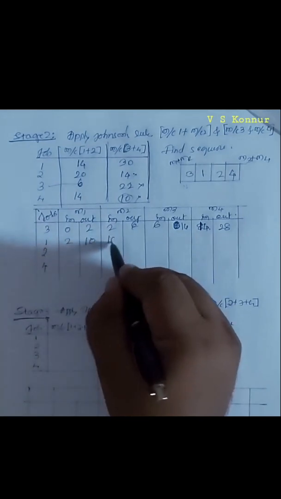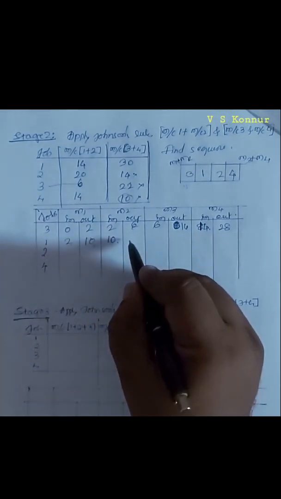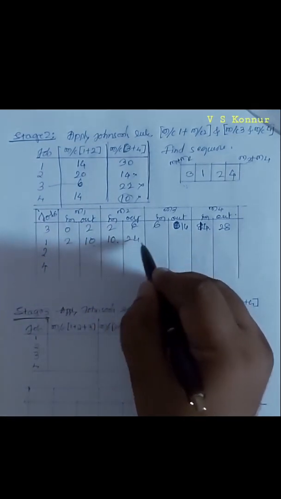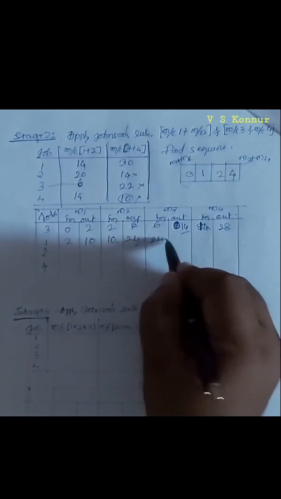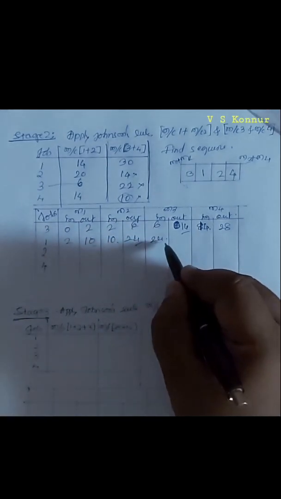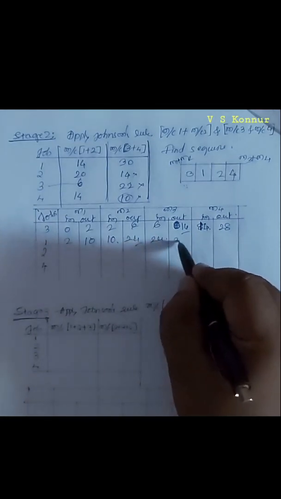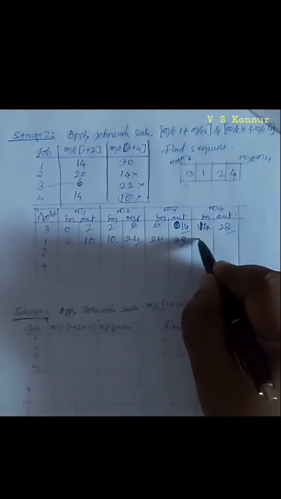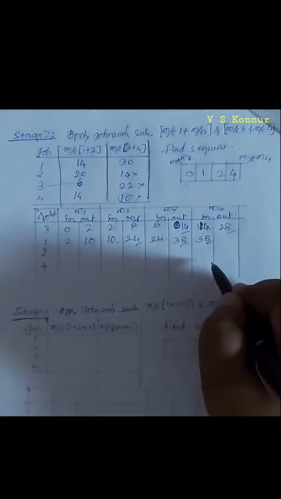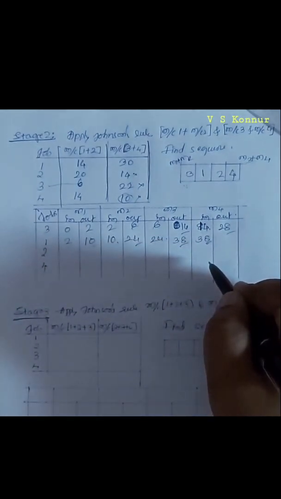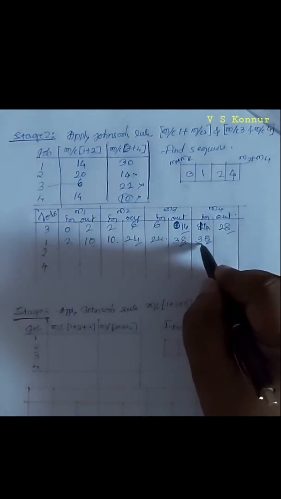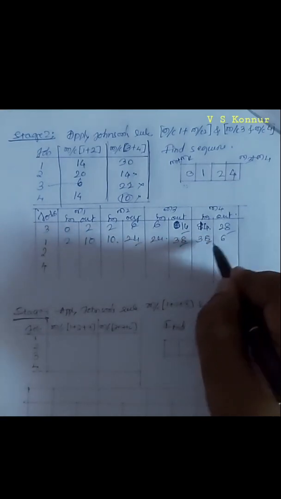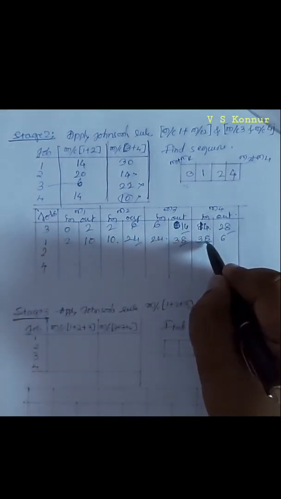Comparison of 6 and 10, 10 is maximum. The first job at the second machine requires 14 hours, 24. Compare, 24 is maximum. So the first job at machine 3 requires 14 hours to complete, 38. Compare 38 and 28, 38 is maximum. And the first job at the fourth machine requires 16 hours to complete, 54.